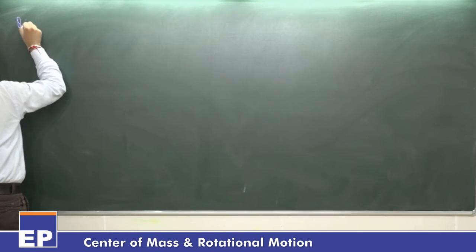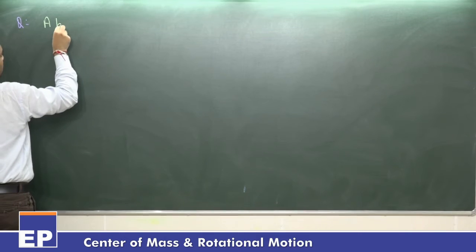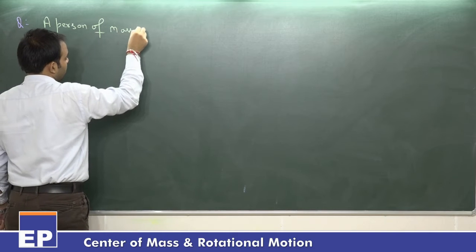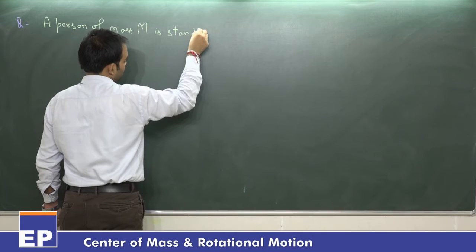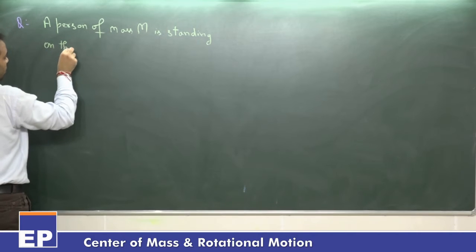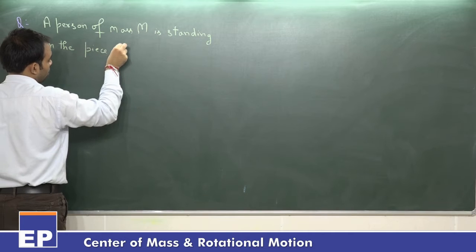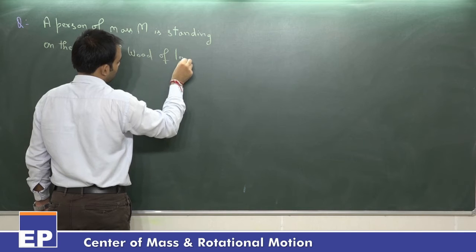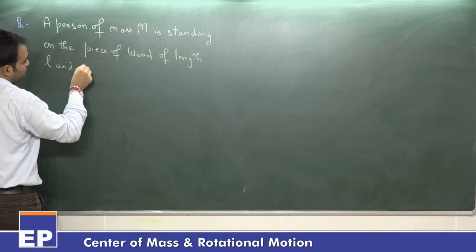जैसे लिखें क्वेश्चन, a person of mass capital M is standing on the piece of wood of length small l and mass small m.